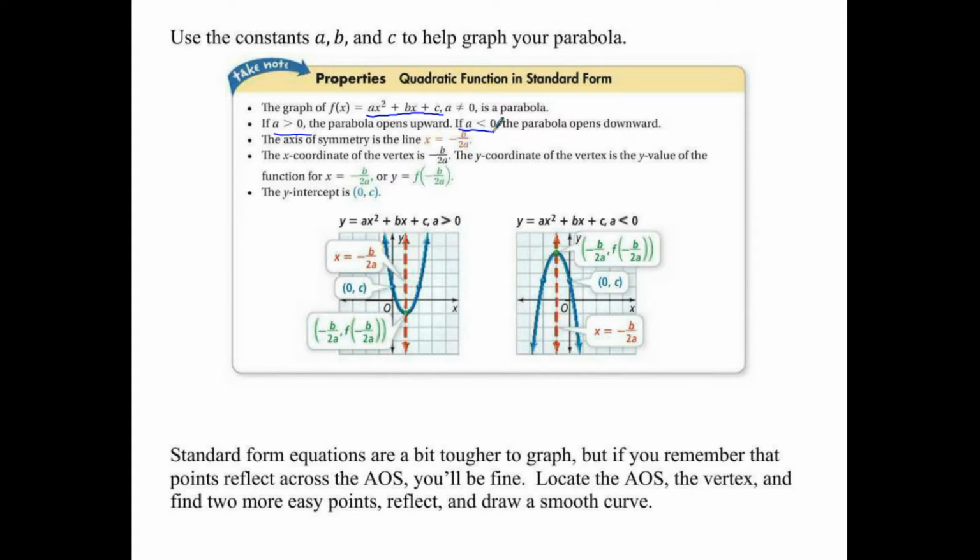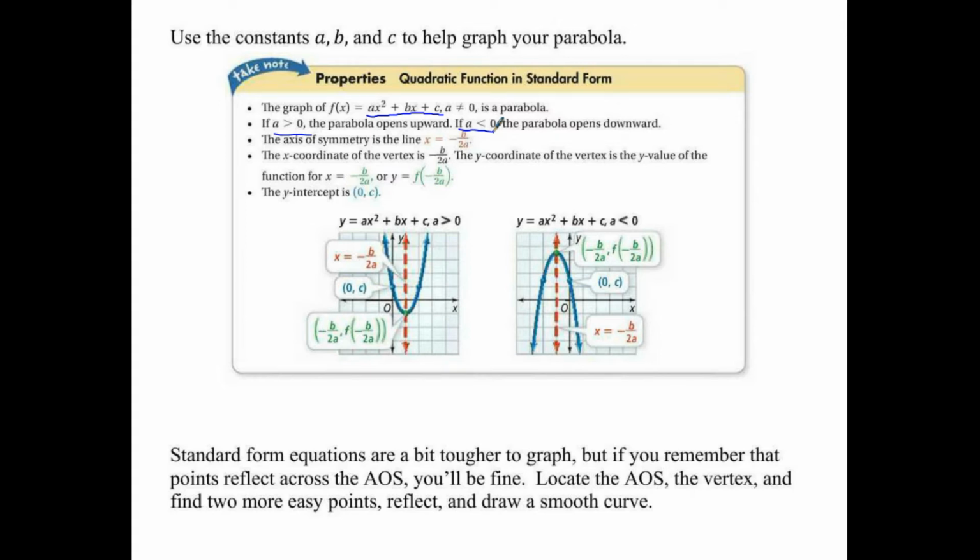In fact, the a is exactly the same as vertex form. If a is positive, parabola opens up. If a is negative, parabola opens down, okay? Same thing. So that's no surprise there, okay? And actually, the number tells us if the parabola is going to be skinny or fat also. That doesn't change either, okay?